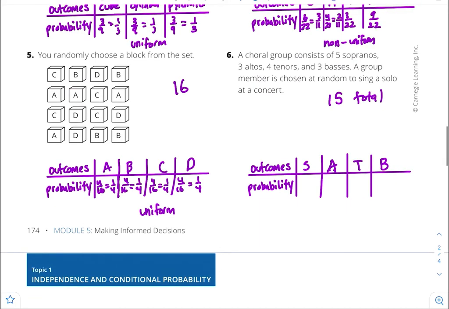So for sopranos, you have a 5 out of 15 chance, which is 1/3. For altos, you have a 3 out of 15 chance, which simplifies to 1/5. Tenors, that's 4 out of 15 chance, can't simplify that. And for basses, 3 out of 15 chance, which is 1/5. And this is non-uniform because you don't have an equal amount of chance to get each one.